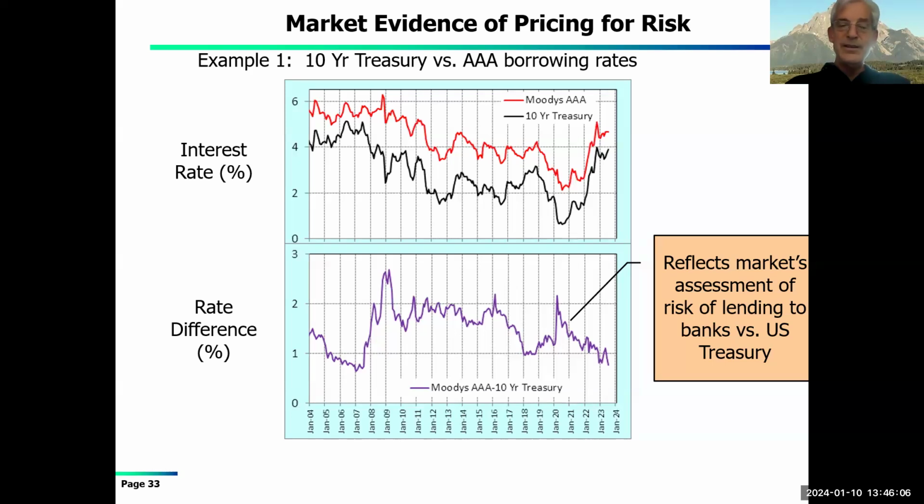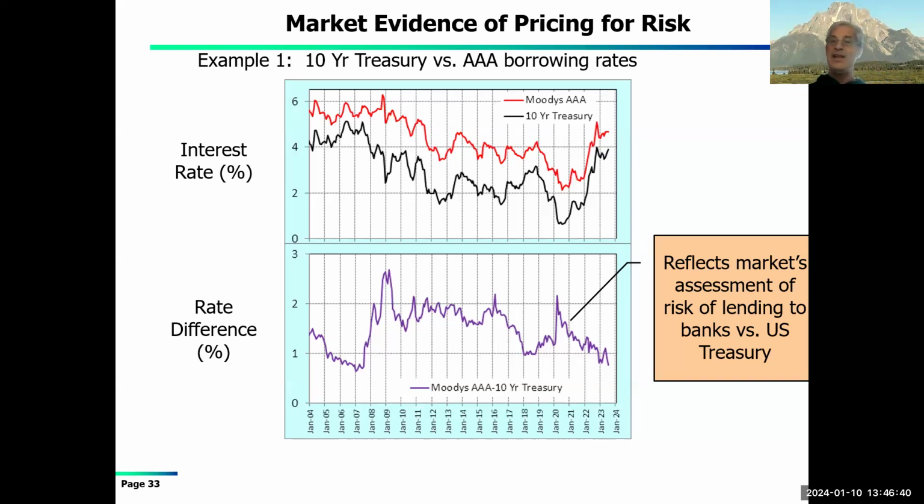What's interesting is the difference between those two curves, which is the purple line in the lower graph. And the reason why it's particularly interesting is because the volatility of the spread between the red line and the black line, that it moves up and down, tells you something about financial markets, which is they change their mind about risk a lot and frequently, no matter how and where you measure it.